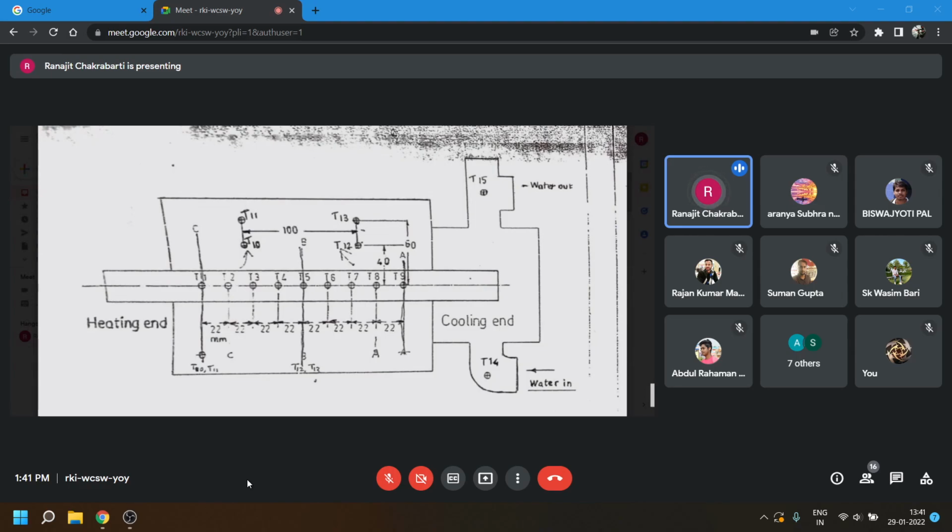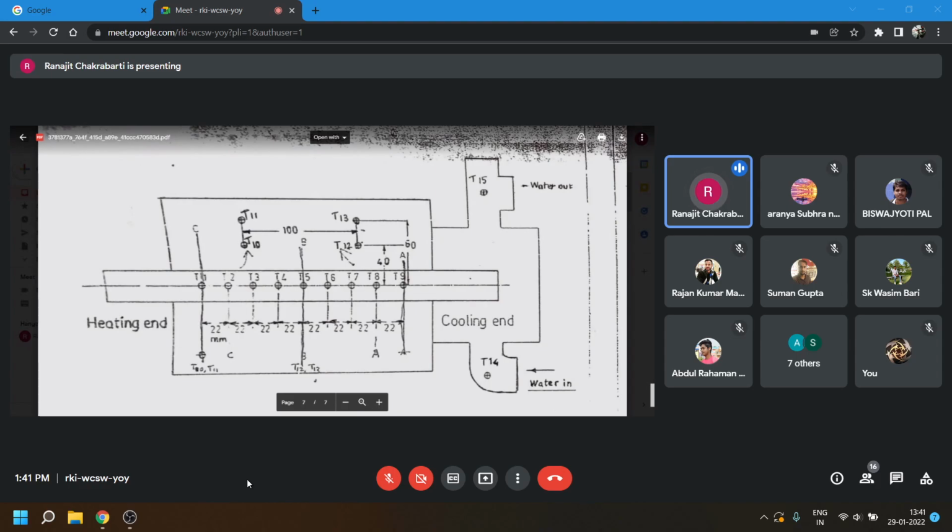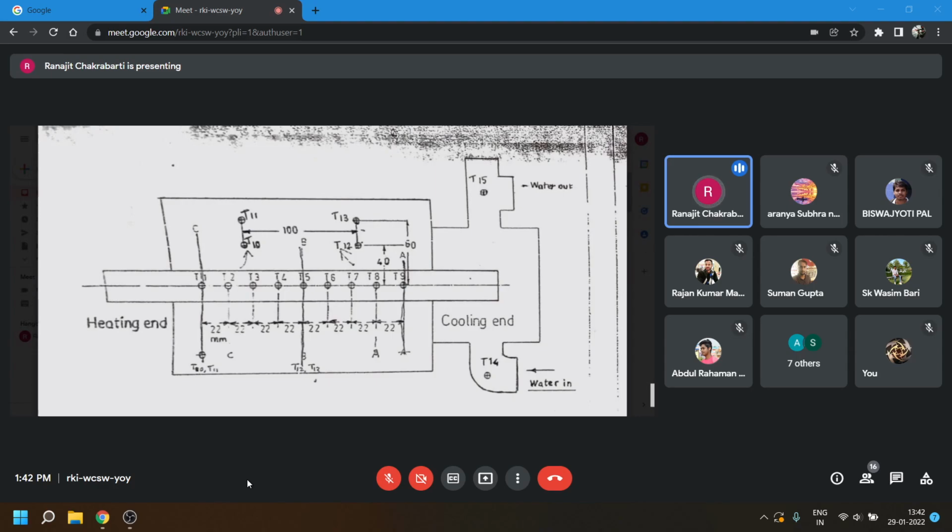Plot the temperature here, let's say here. The next temperature may be slightly less. That way we plot all the temperatures on the graph paper. So we get a temperature versus axial distance, let's call it X. So we get the T versus X variation.